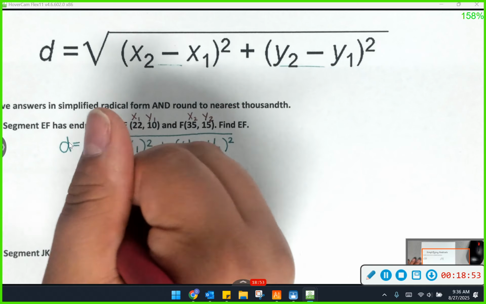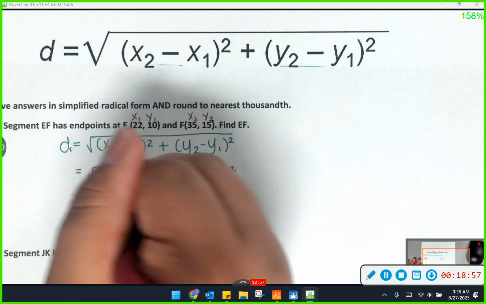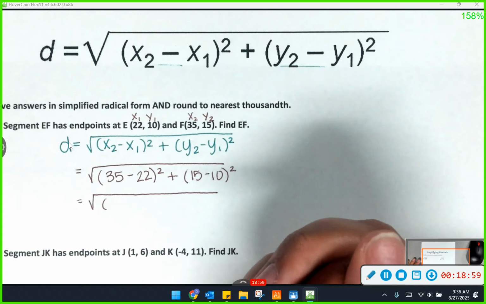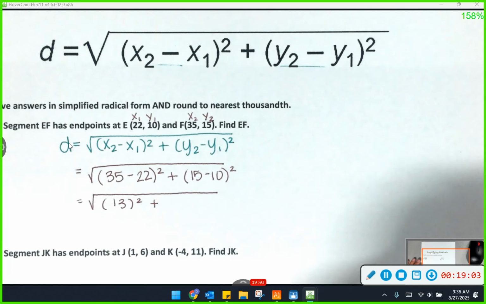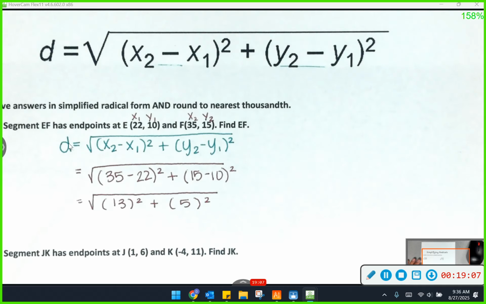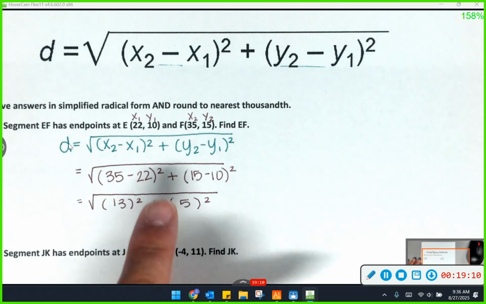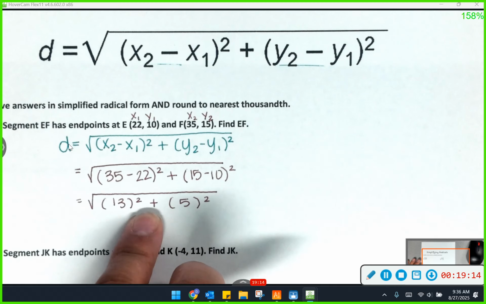What is 35 minus 22? 13. What is 15 minus 10? 5. Are y'all okay with that so far? Inside the parentheses are minuses, together that you add them.